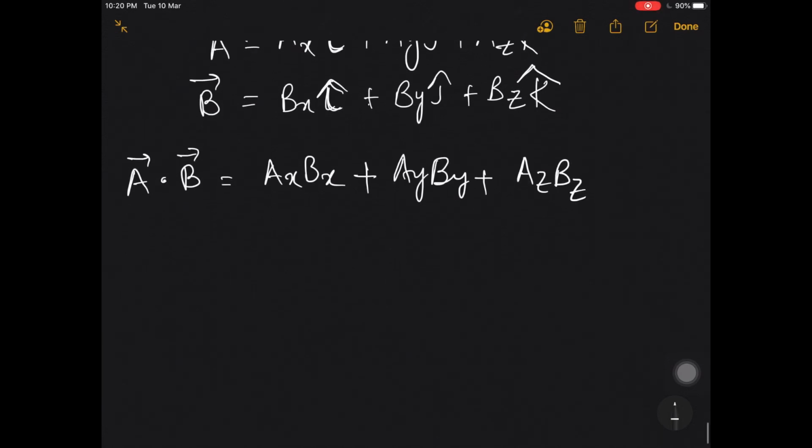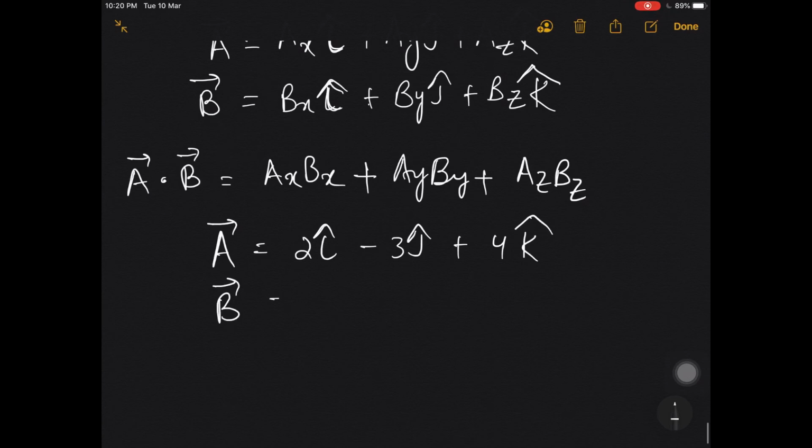Let me illustrate this with an example. Say vector a is 2i minus 3j plus 4k, and vector b is, let me take some other number, say 3i plus 4j plus 6k. I am asking you to find its dot product.